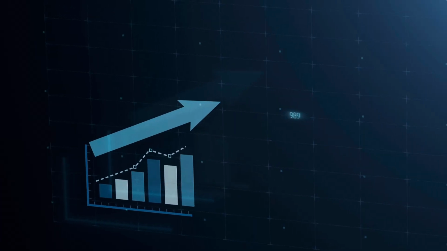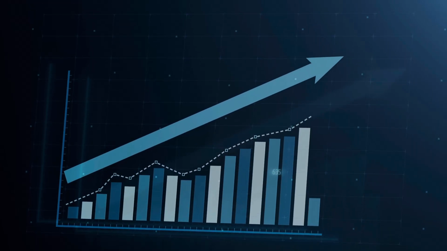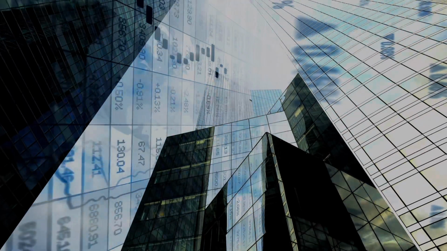Now the alpha of a mutual fund tells us how well the fund has performed when compared to its benchmark. Say for example, if the alpha of a mutual fund is 4, it means the mutual fund has given 4% more returns compared to its benchmark.